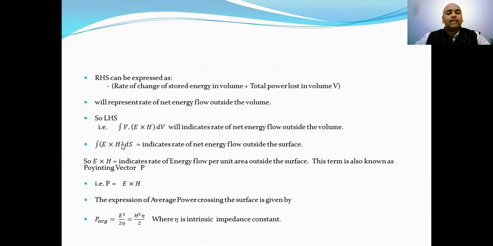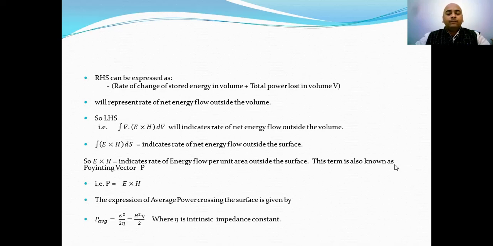Now there is a quantity which is multiplied by some area, and it represents the rate of net energy flow outside the surface. So the quantity E cross H will indicate the rate of energy flow per unit area outside the surface.